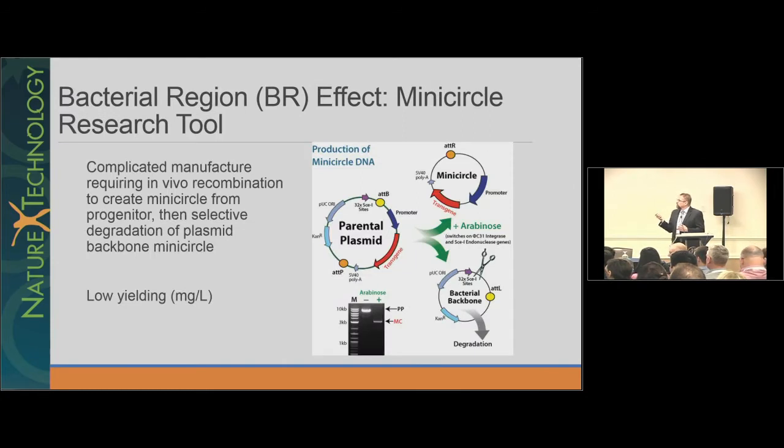Minicircles were developed for a number of reasons, but one thing they serve as is a research tool that allows you to ask, is that old bacterial region a problem? I'm not going to suggest anyone go into the clinic with a minicircle. They're very difficult to make and hard to get GMP, but they do allow you to precisely remove the backbone and ask what effect it has.